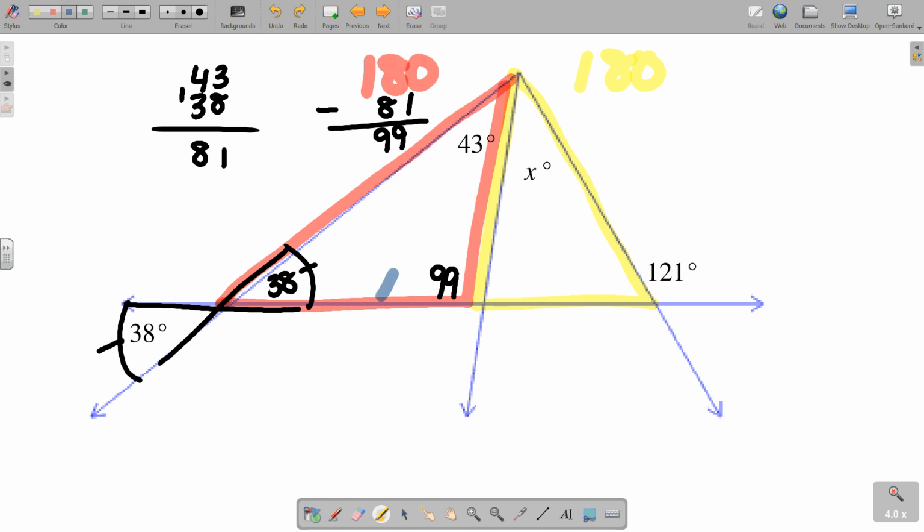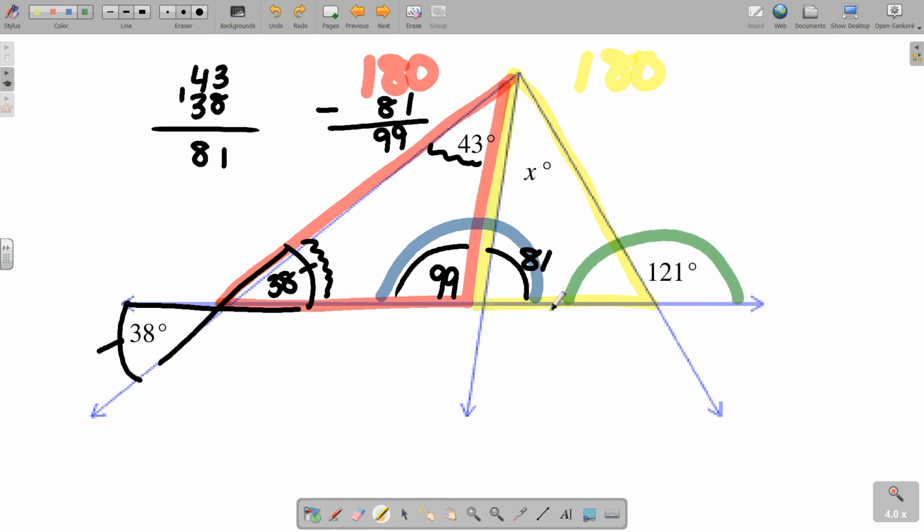Now, weave a rainbow. And let's add 99. I'll find that angle. We know it's 81 because remember that angle equals these two added together. We're still trying to find X. We're almost there. Over here, I'd like you to sweep that rainbow straight line. Now you can find that squiggle angle.